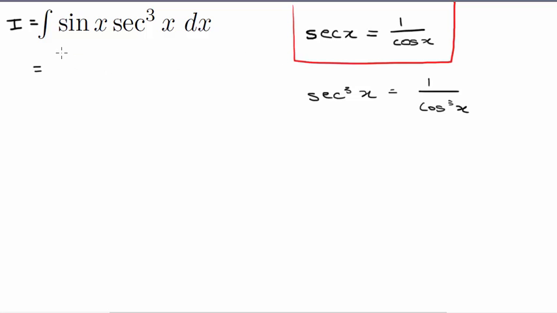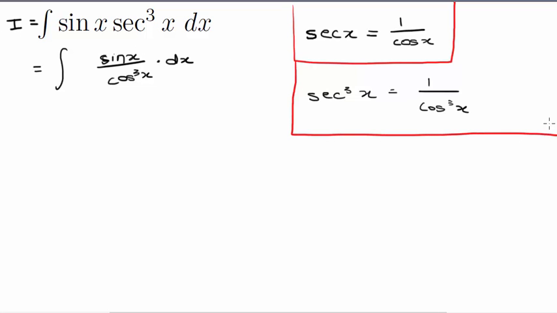So let's change that. I equals the integral of sine of x on cosine cubed of x, integrated with respect to x. And like the previous video, this means that we really have to do u-substitution again, because there's no other way to tackle this question.